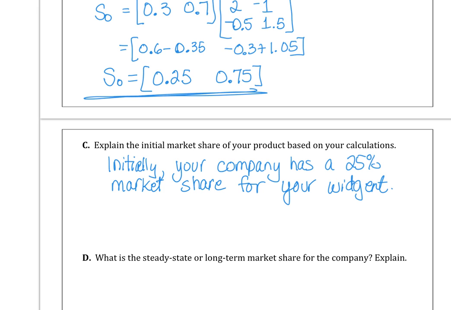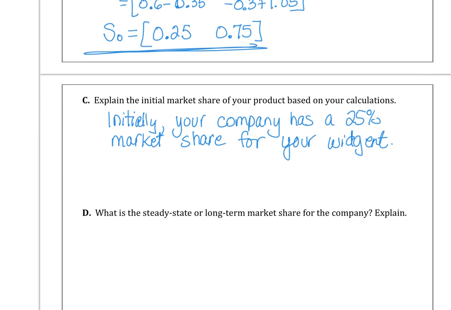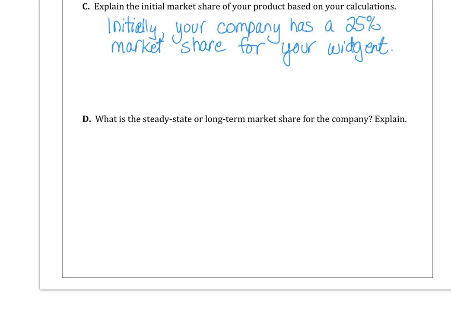What is the steady state in part D, or the long-term market share for the company? Explain how you know. I'm going to get 1/3, 1/3, and 2/3.